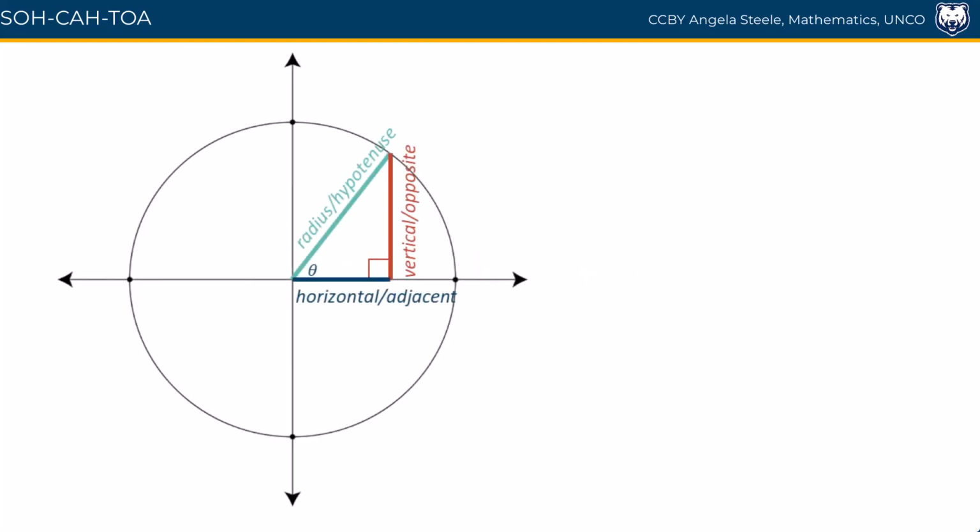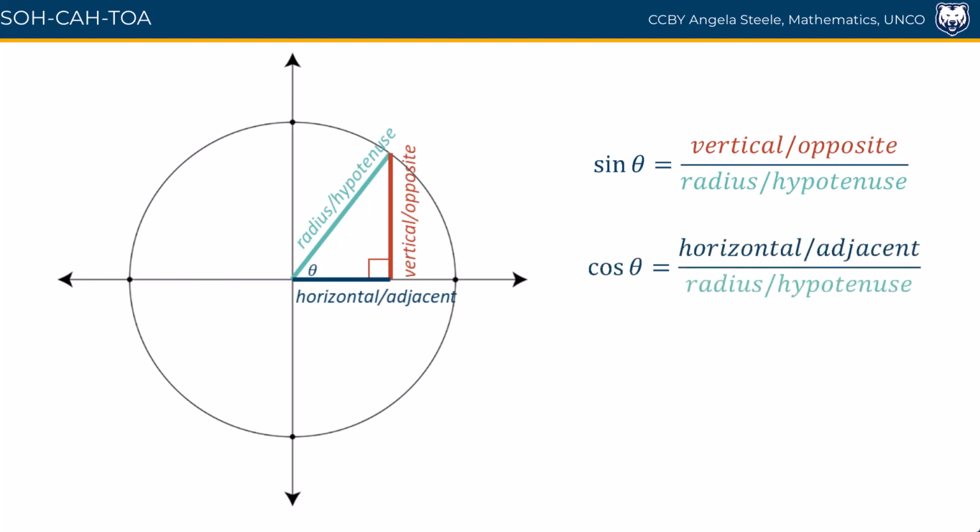All right, let's go ahead and do the 8.1 summary. So when we are looking at the circle, the sine of theta is always going to be our vertical distance divided by our radius. Very similar when we are looking at our triangle, the sine is going to be the opposite over the hypotenuse, which notice that that opposite side is still our vertical distance, and that hypotenuse is still our radius.